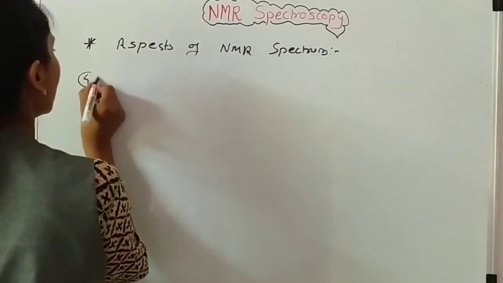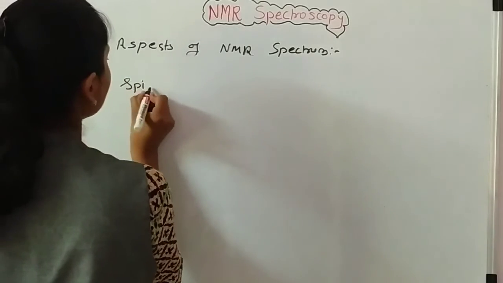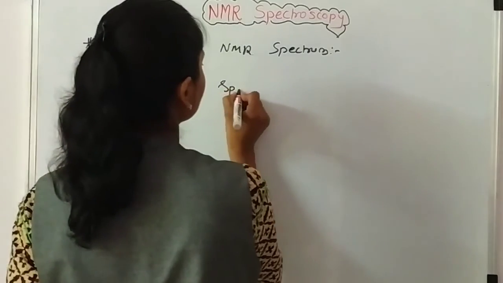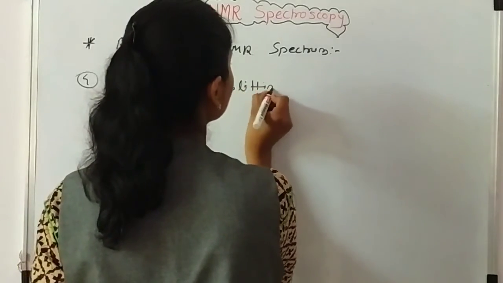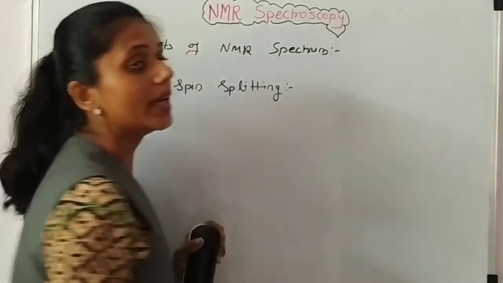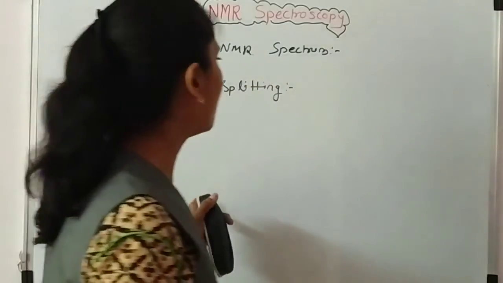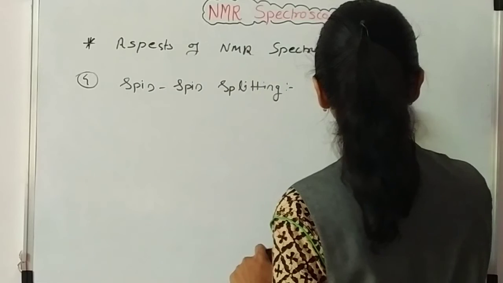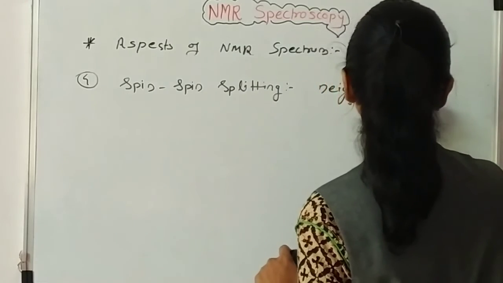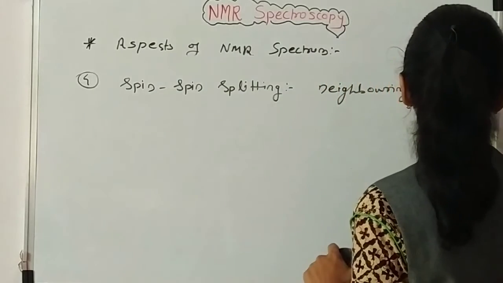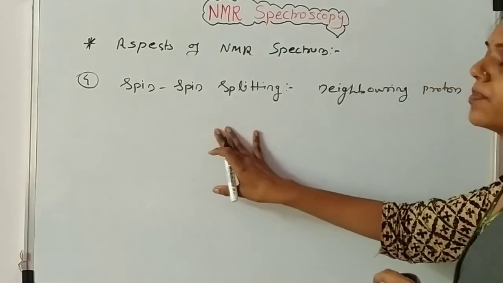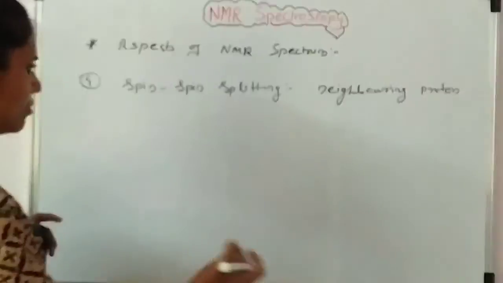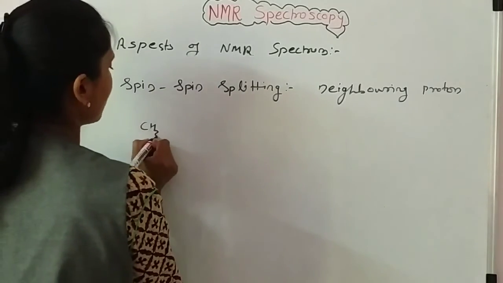the fourth aspect is spin splitting. It gives information about the neighboring protons. We will discuss this point afterward in detail, but I have taken only a simple example here now.